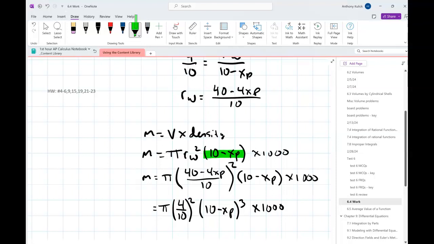Not the entire tank, right? How much am I pumping? A tiny little sliver, a dx. Very good. So that should be my delta x or dx. Using either there would be okay. My apologies. Fix that in a second.